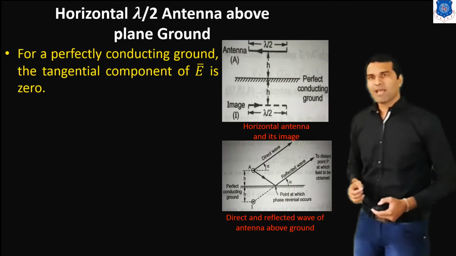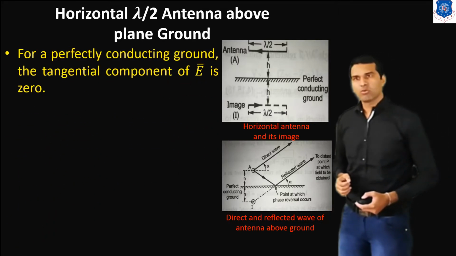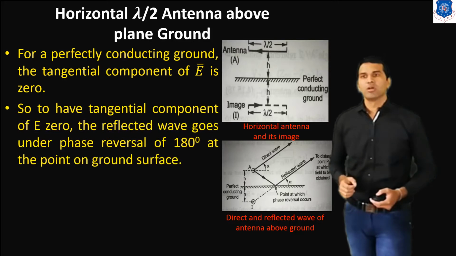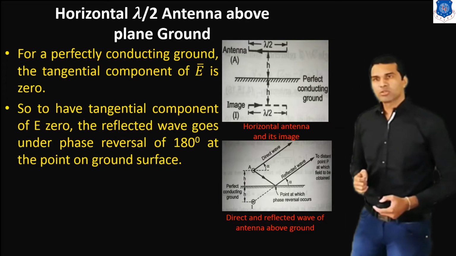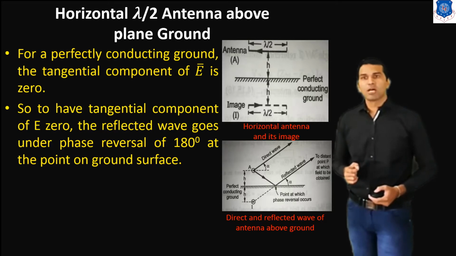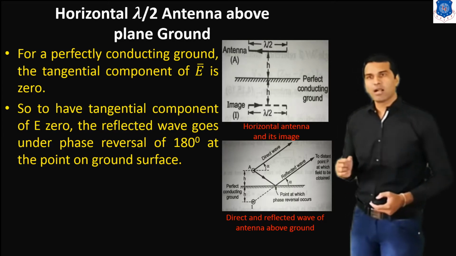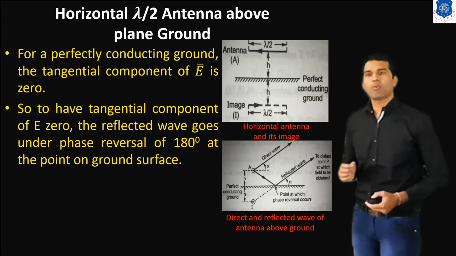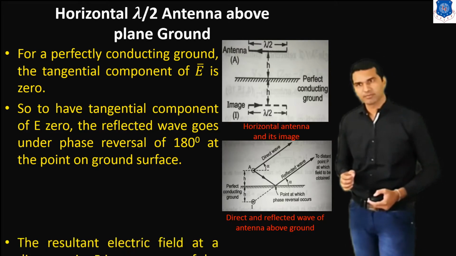For the perfectly conducting ground, the tangential component of E is 0. So to have the tangential component of E zero, the reflected wave undergoes a phase reversal of 180 degrees at the point of the ground surface.